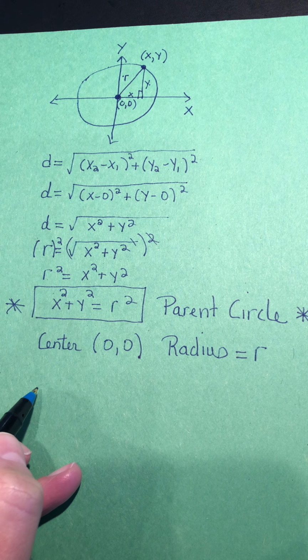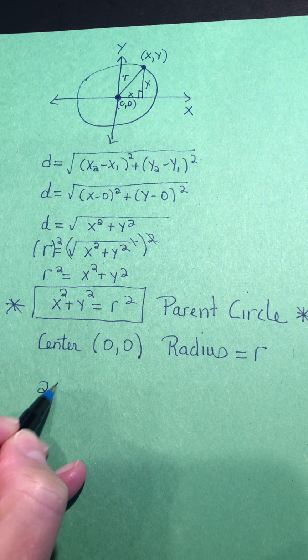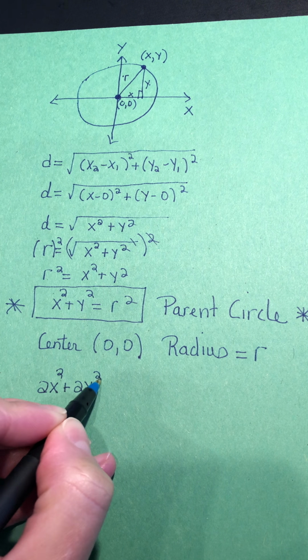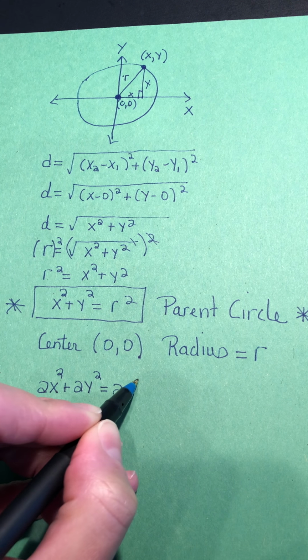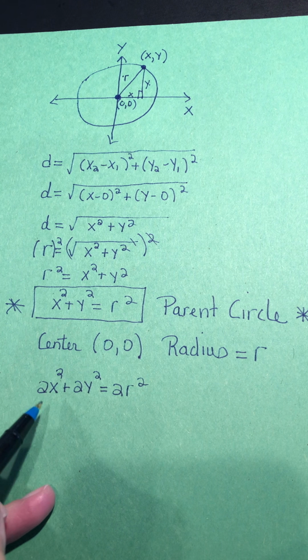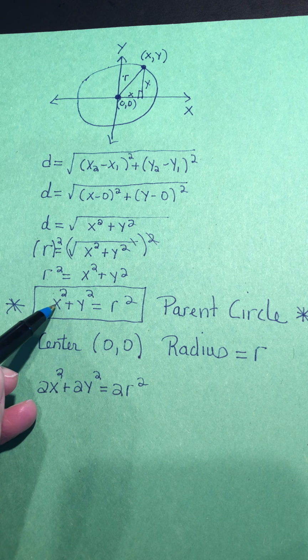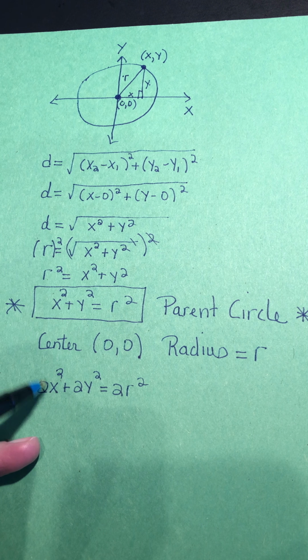Now, what's interesting is I could do this. I could do 2x squared plus 2y squared equals 2r squared. Now, you can see mathematically that this equation is actually the exact same as this one here. This is the exact same circle.